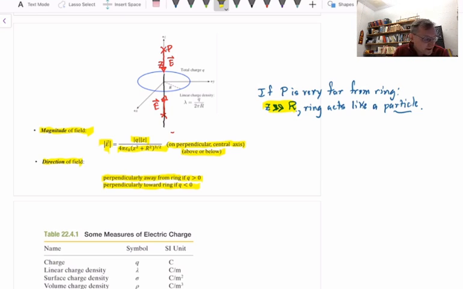And the most drastic simplification when z is much, much bigger than big R is to go down here in the denominator where there's a z squared plus big R squared and drop the big R squared.